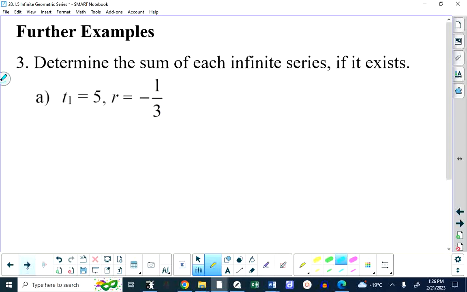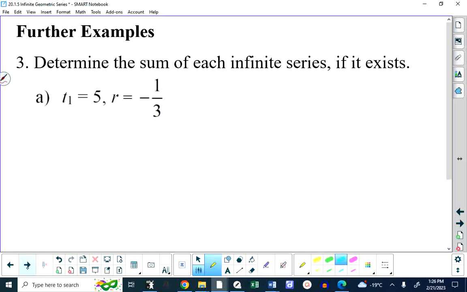Determine if each infinite series exists as a sum. Well, first of all, is this convergent or divergent? Nate? Why is it convergent? Right. When you say it, you mean the common ratio. The common ratio is negative 1/3, which is between negative 1 and 1, and it's not equal to 0.